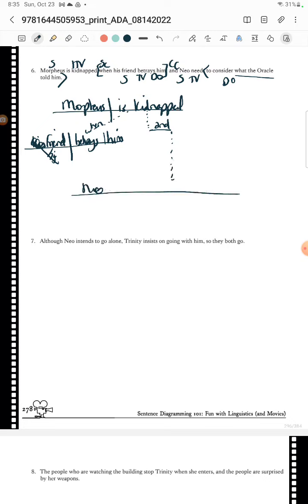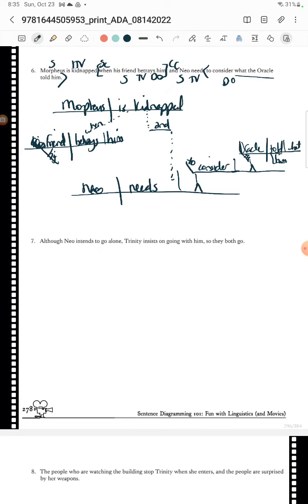Okay, so then I have Neo needs, and then what does Neo need? He needs to consider, and then what is the thing he is considering? He's considering this whole thing: what the oracle told him. The oracle told him what? Right. So the oracle told him, because she told what to him?